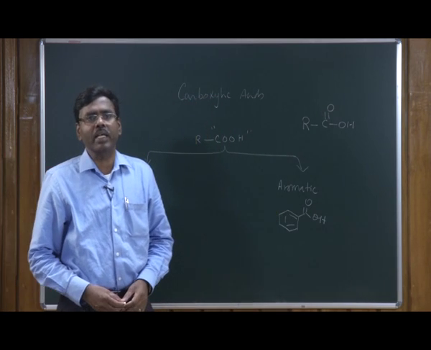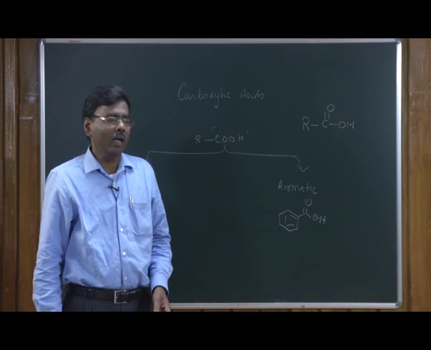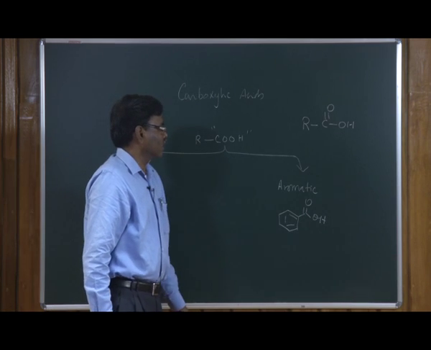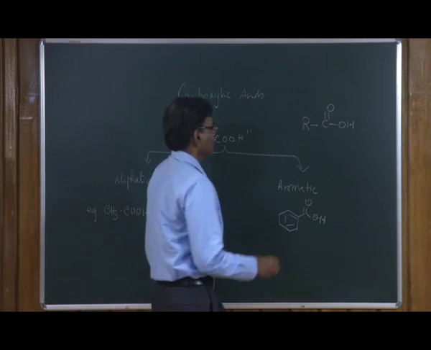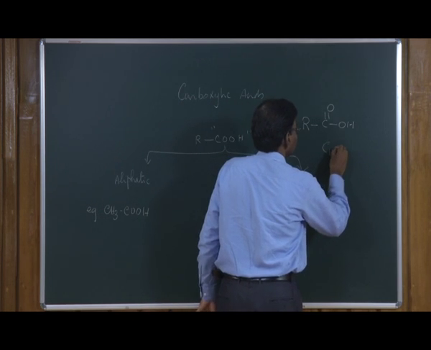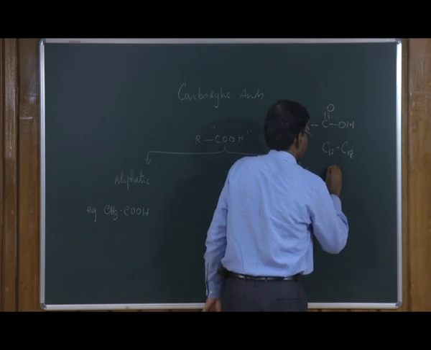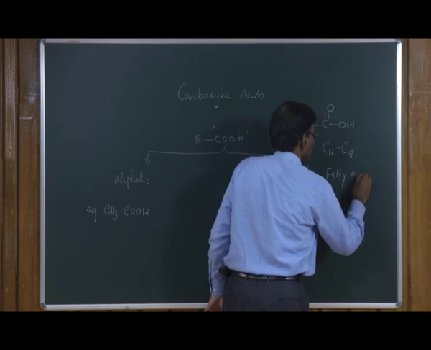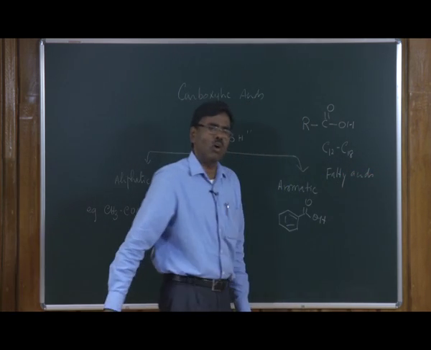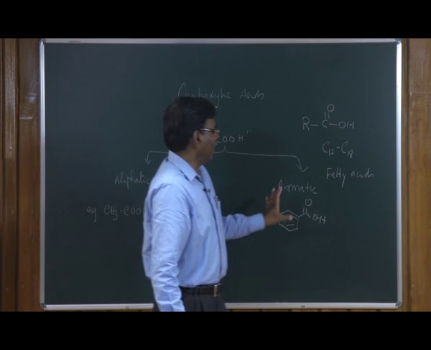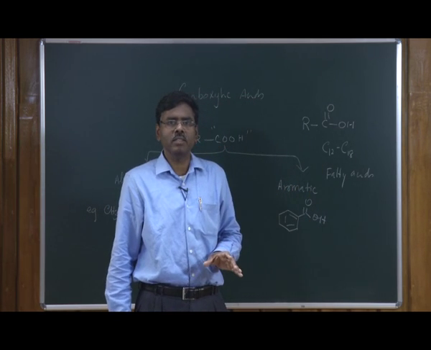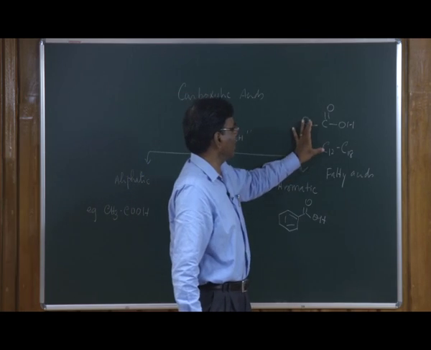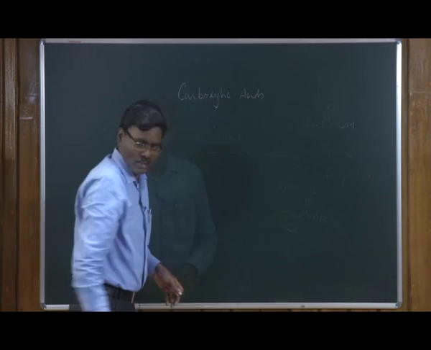A large number of carboxylic acids are abundant in nature, and carboxylic acids that contain C12 to C18 carbon atoms are called fatty acids. These are long chain carboxylic acids, and they are obtained by hydrolysis of animal fats and oils. Therefore, they are called fatty acids.